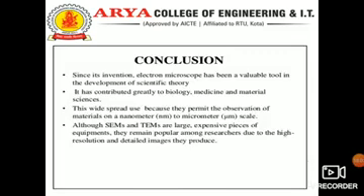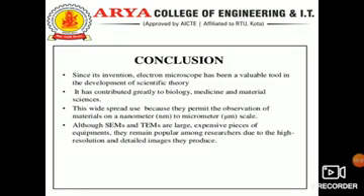And finally, the conclusion is that since its invention, the electron microscope has been a valuable tool in the development of scientific theory. It has contributed greatly to biology, medicine, and material science.